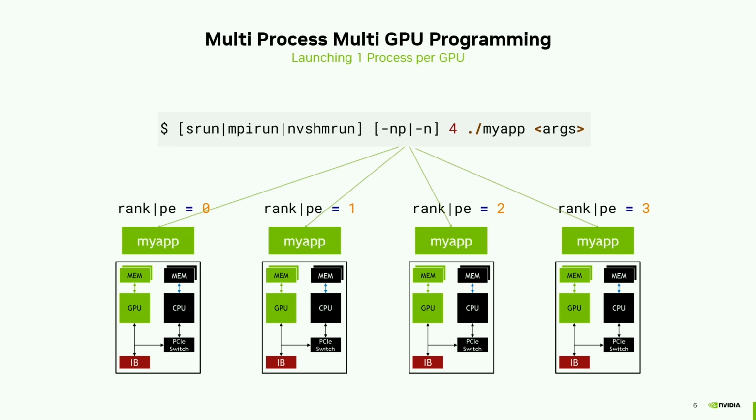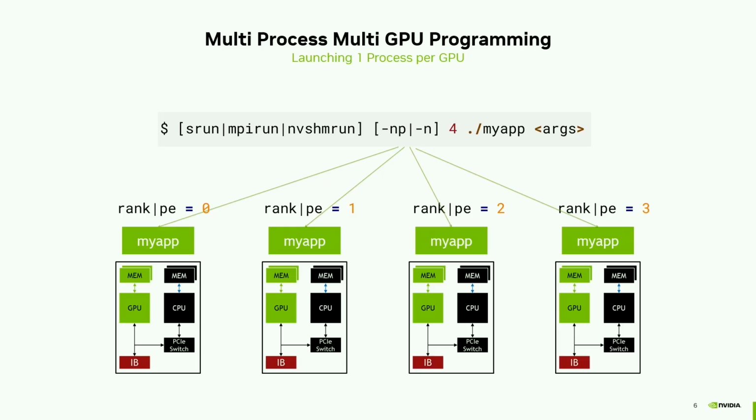What do all of these programming models have in common? Because they are multi-node, multi-GPU programming models, you need a bit of help launching them. It's not like you just launch your executable and the executable has everything in there to make sure that you launch one process per GPU, which is the typical method. So you usually take a launcher, which in case of a Slurm cluster is typically srun, but also the programming models typically come with a launcher like mpirun or nvshmemrun.